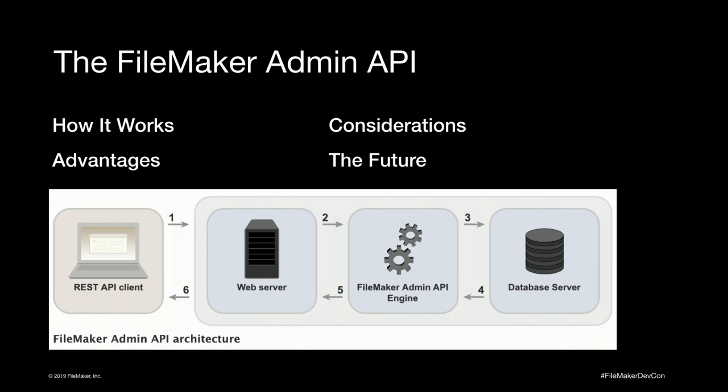And then a little bit on the future. We've all seen what's in the future in terms of Claris Connect this week. I don't have an answer that I can give about the admin API integration with Claris Connect, but I do know that since Claris Connect is able to deal with APIs, it's highly likely that at some point in time, either somebody in the community or Claris themselves will develop some connectability between Claris Connect and FileMaker Server.